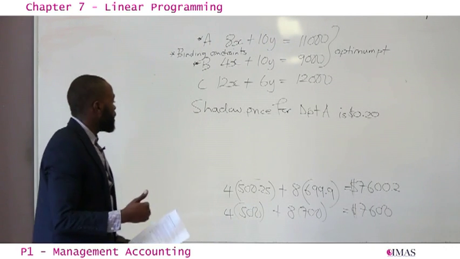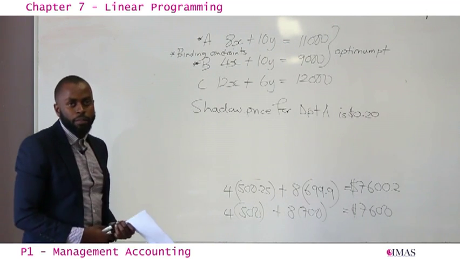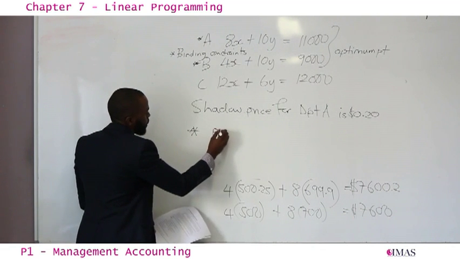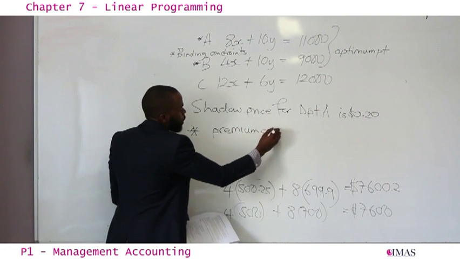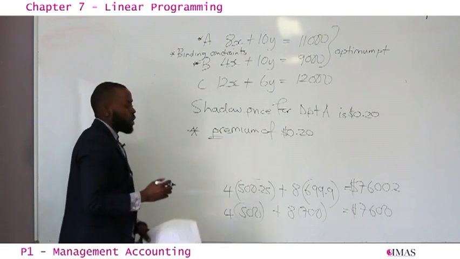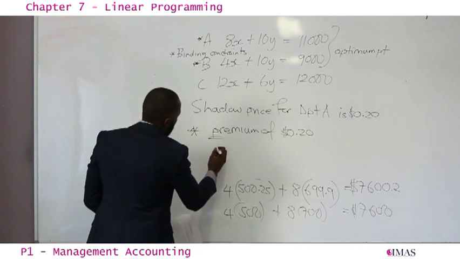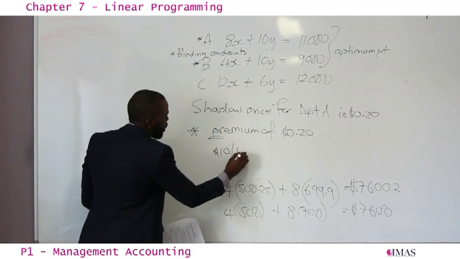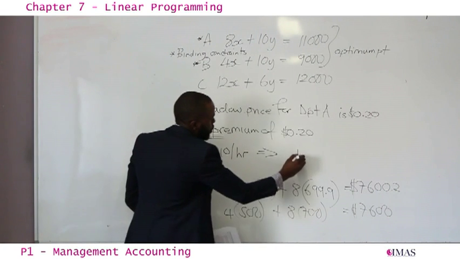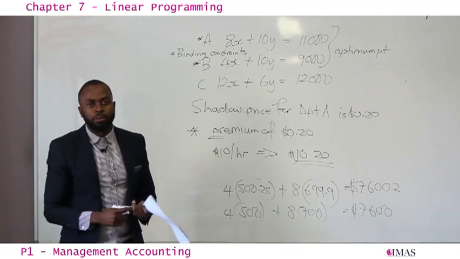We can explain it another way: if we want to get one more hour, we're prepared to pay a premium of 20 cents. That's also what shadow price means. So if we spend, say, $10 per hour, the company is prepared to pay a maximum of $10.20.